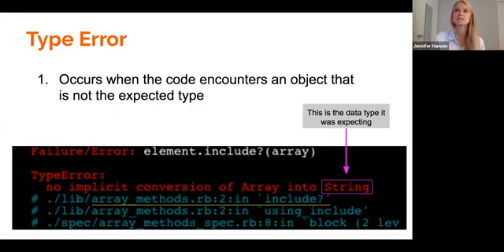It's very similar to our no method error when we try to call something on the wrong type. Like when we try to use dot include on an integer, that doesn't work. It also happens if we try to pass in the wrong thing, or we try to use a method on a data type that doesn't work.